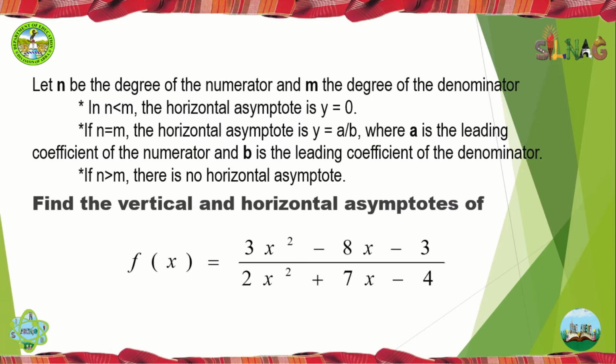So let us have our examples. Find the vertical and horizontal asymptotes of f of x is equal to 3x squared minus 8x minus 3 over 2x squared plus 7x minus 4.